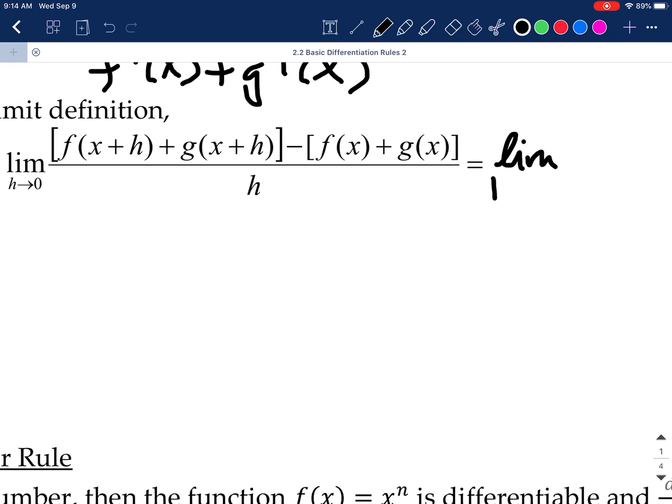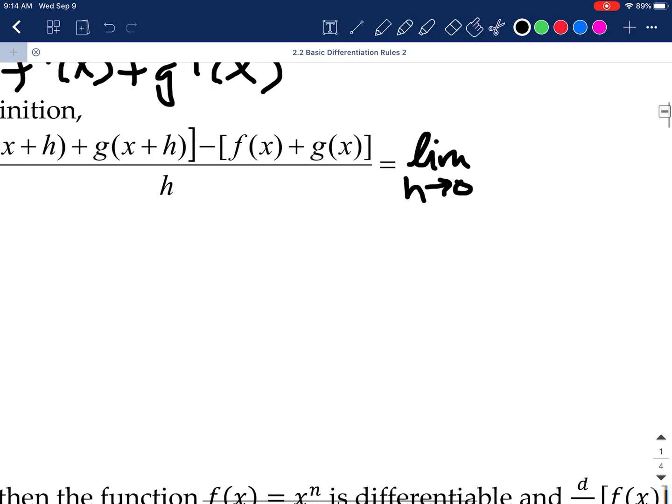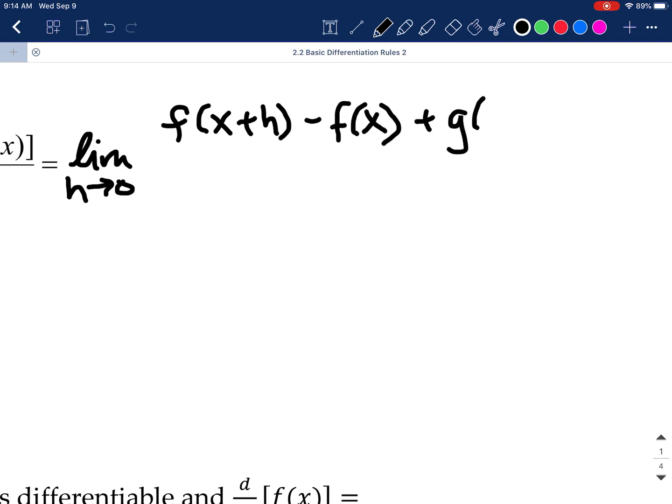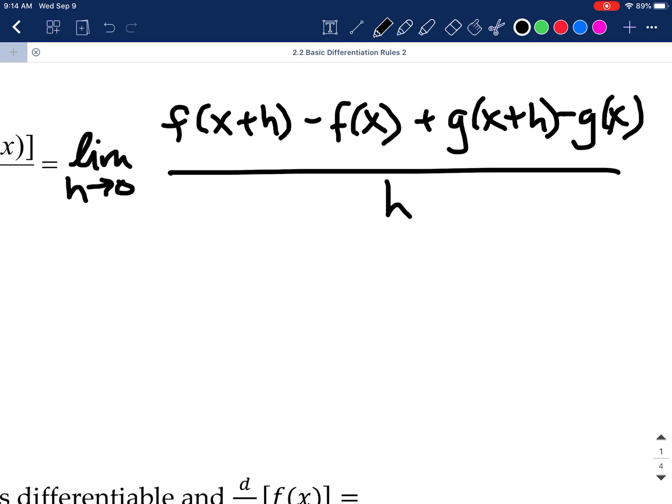So we'll get the limit as h goes to 0 of f of x plus h minus f of x plus g of x plus h minus g of x. So just distribute that negative sign and rearrange the terms a little bit.